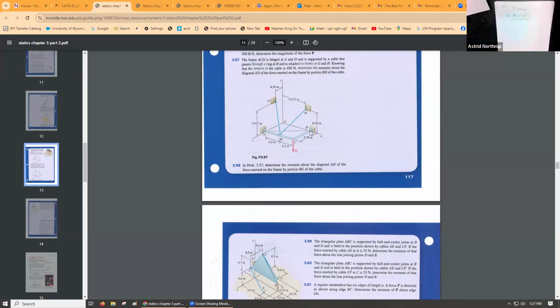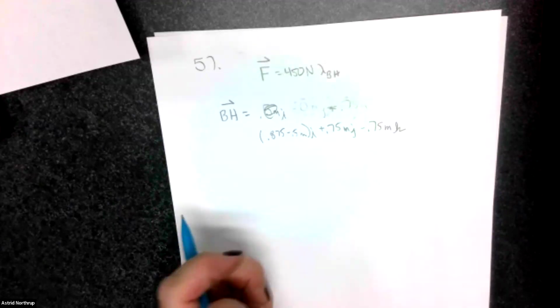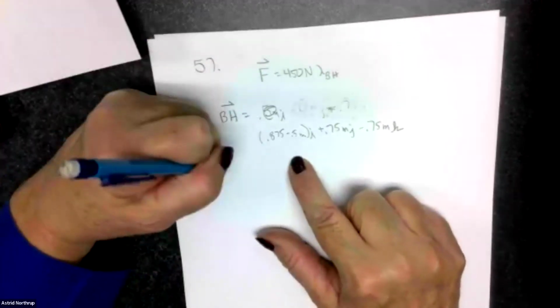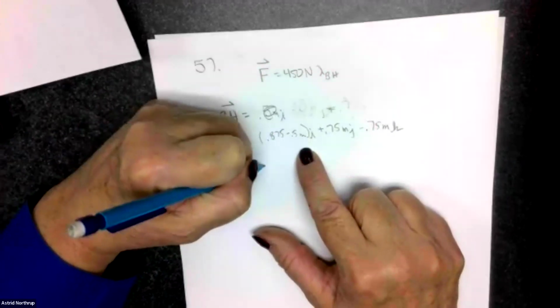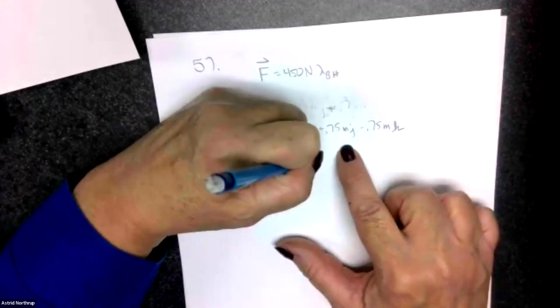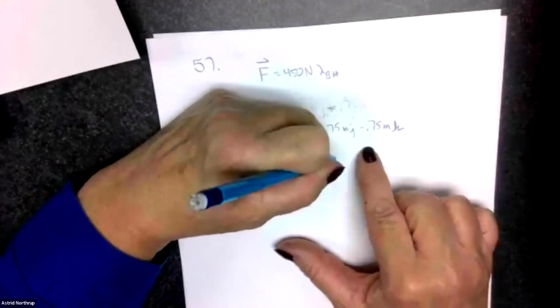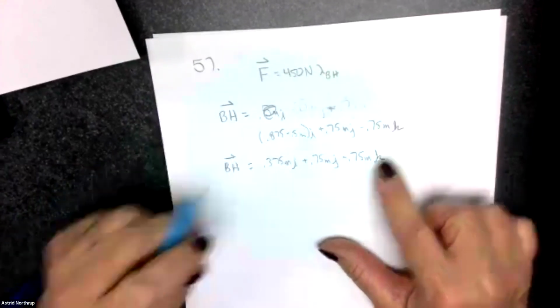And in the Z direction, B to H goes back into the wall, negative 0.75 meters K. All right. So this is my B sub H vector. To rewrite a little bit more clearly, this would be 0.375 meters I plus 0.75 meters J minus 0.75 meters K.